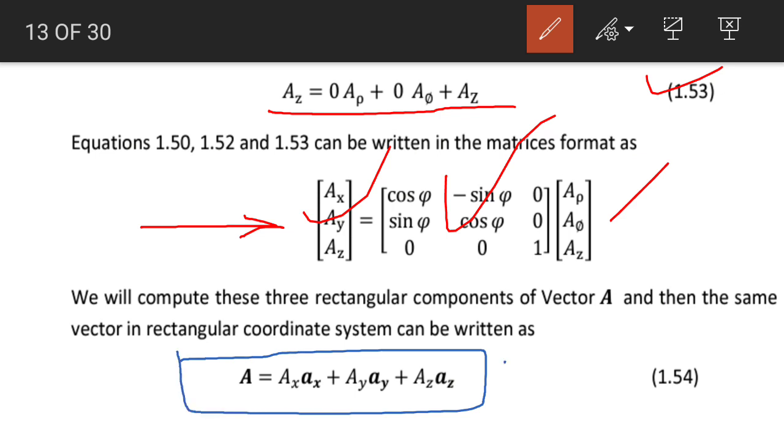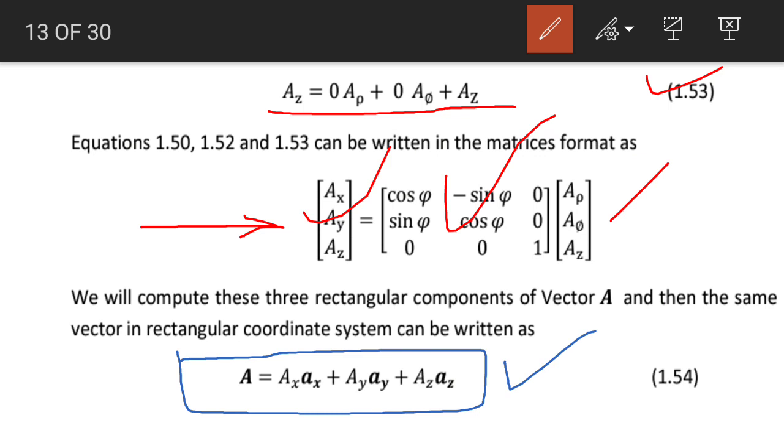We can represent the same vector in the rectangular coordinate system. And this vector in equation number 54 is in the rectangular coordinate system. So this is how we transform a vector from rectangular coordinate system into cylindrical coordinate system, and a vector from cylindrical coordinate system into rectangular coordinate system.